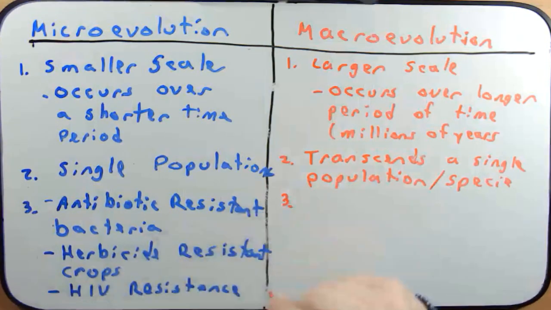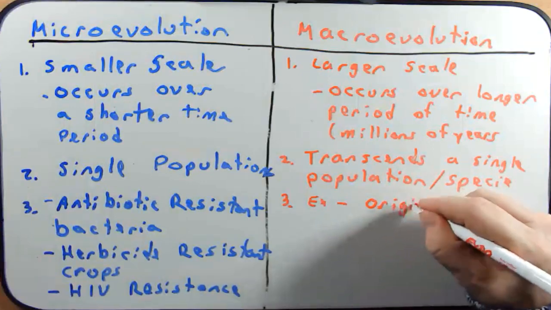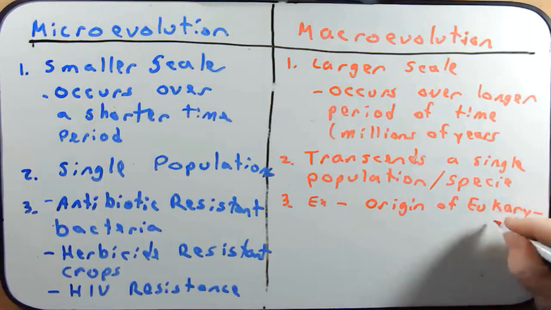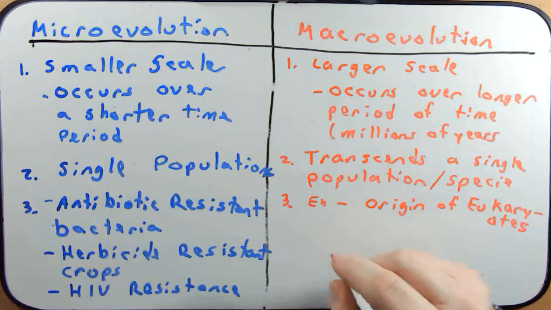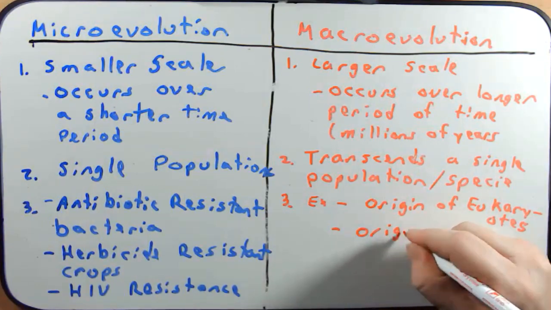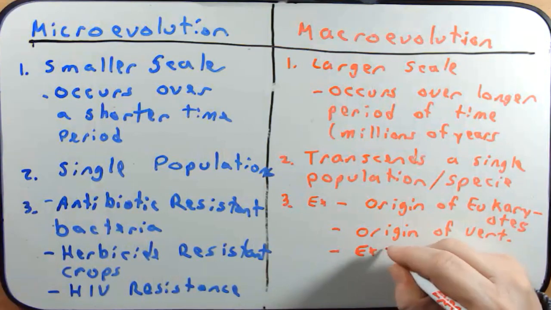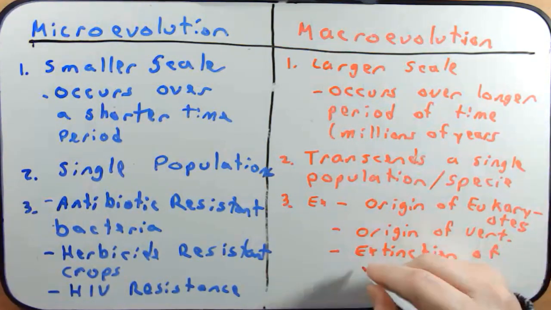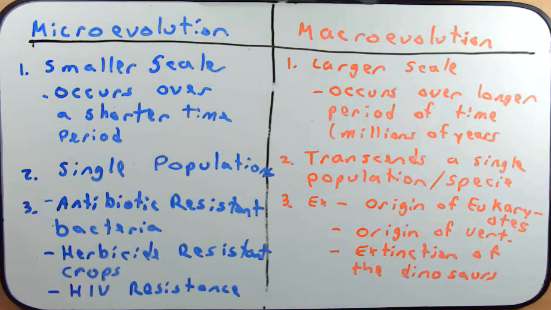Some examples of macroevolution would include the origin of eukaryotes. That didn't happen over a shorter period of time. That took millions of years to develop into a eukaryotic system. Origin of vertebrates. Macroevolution also includes extinction. So we could think of the extinction of the dinosaurs. Lots of examples of macroevolution.